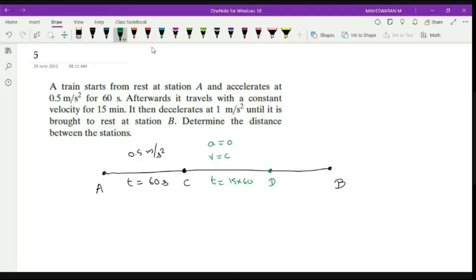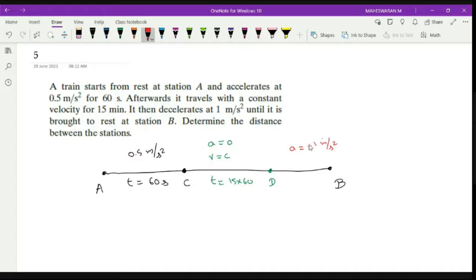Afterwards, there is a third case, from D to B. If I consider from D to B, your acceleration is reducing. So it is minus 1 meter per second square. Why I put minus is, the formula we substitute is V is equal to U plus AT. So here your A is a negative term because it is decelerating.